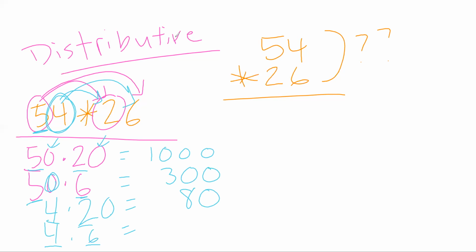And 4 times 6 is 24. And we're just going to add these up. So we get a 4, 10, a 4, and a 1. So 1,404 using the distributive property.